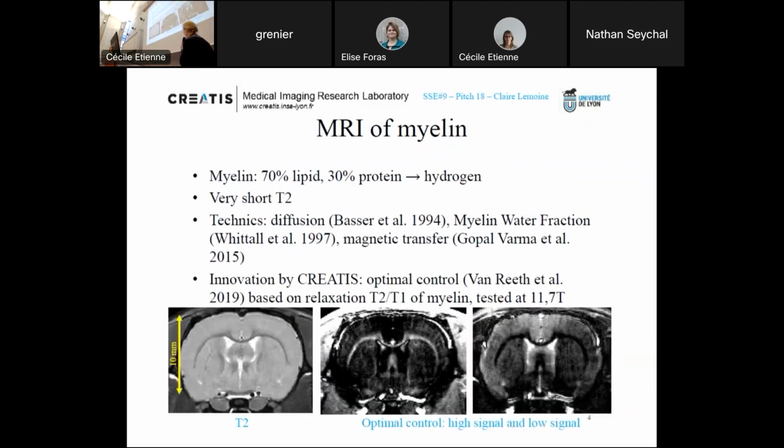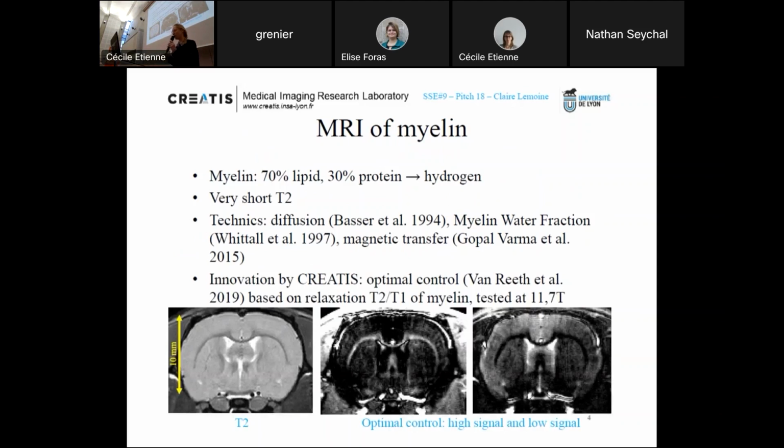So myelin is composed of lipid and protein, so it is very rich in hydrogen, so the T2 is very short. Here we can see a T2 of the rat brain, and we see that there isn't any contrast.